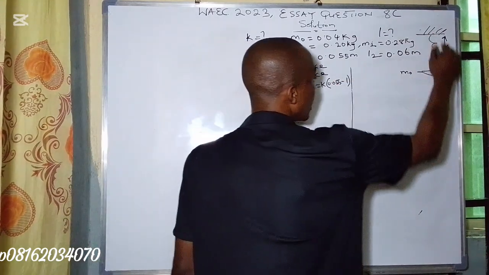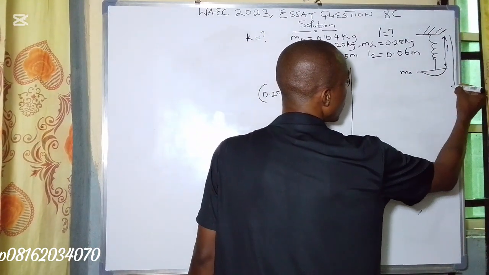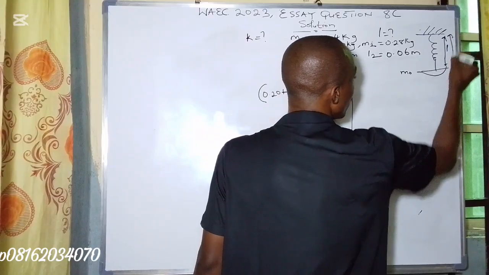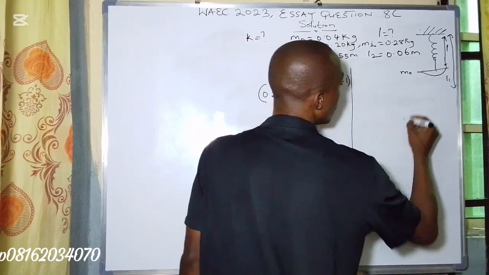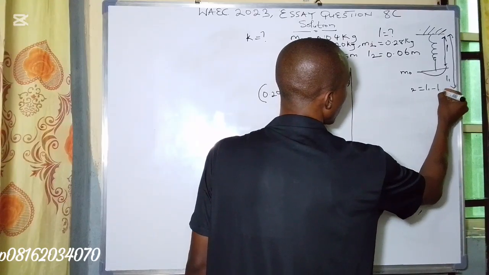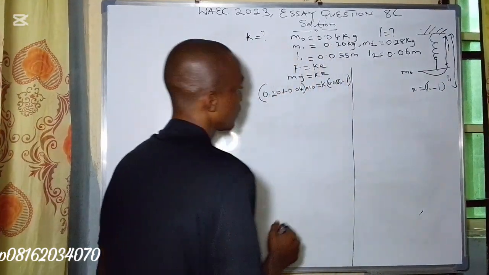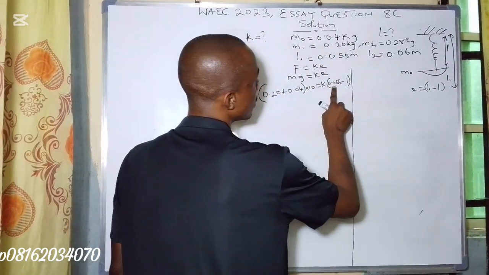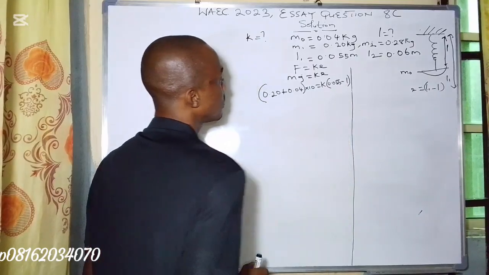Because this spring is going to extend, it will have a new length L1. So the extension here should be equal to L1 minus L. That's what I did here. So my L1 is this 0.055, then minus L.